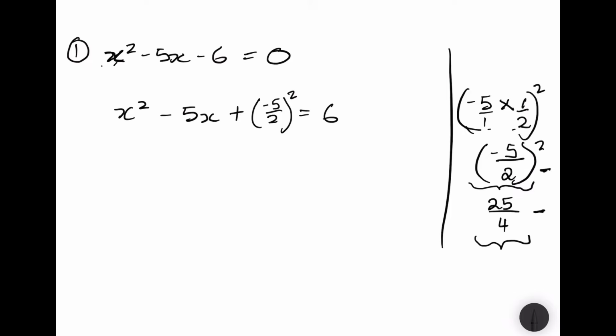But remember, what I do on the left, in order to maintain the balance, I've added something that wasn't there before. So in order for my equation to still be the same, I will add the same thing on the right-hand side: plus negative 5 over 2 squared. Okay? So please just keep that in mind, right?